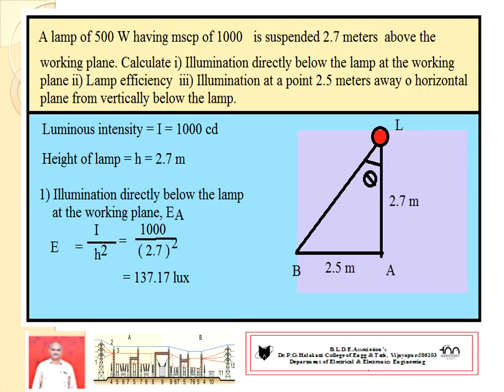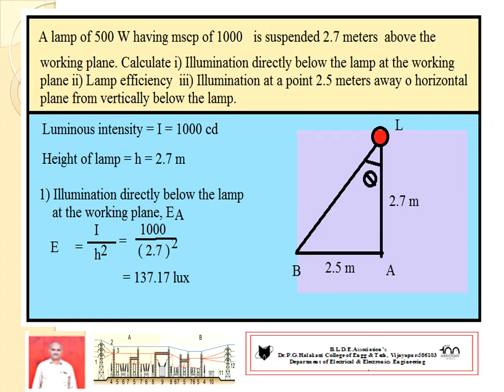It is fixed at a vertical height of 2.7 meters above the plane, at point A. The second condition he asked: calculate the illumination at a point 2.5 meters away horizontally from the point vertically below the lamp.